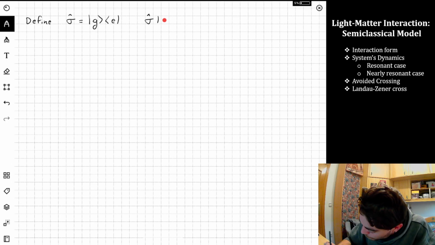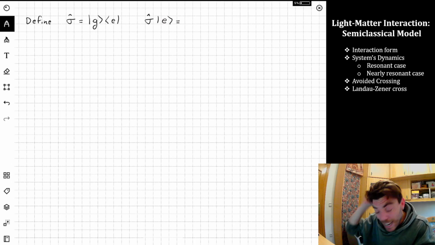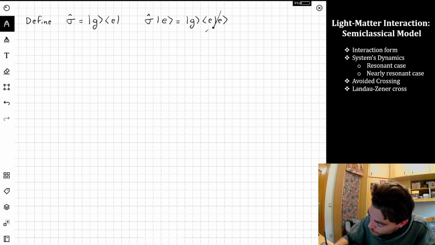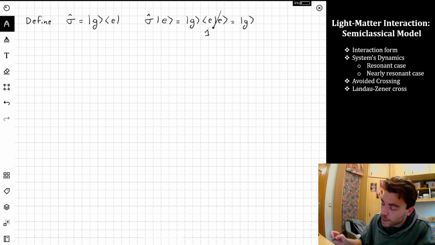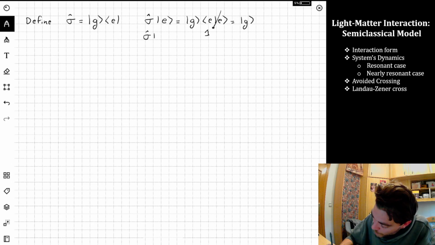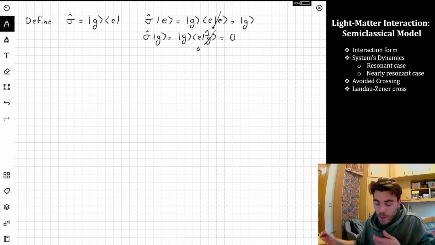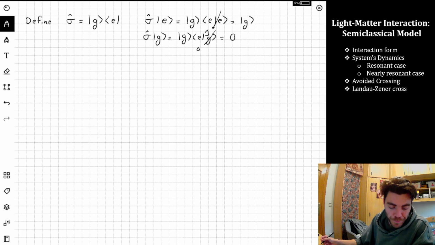If I apply this sigma to the excited state, I have G, E, E, the states are orthonormal, so this is 1, so I have G. So sigma couples the excited state to the ground state, and if I apply it to the ground state, then I have G, E, G, again orthonormal, this is 0, so I have 0. So this is the lowering operator for the atomic case in 2 dimensions.